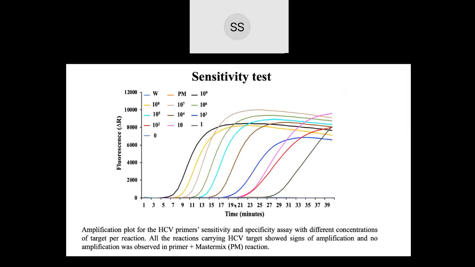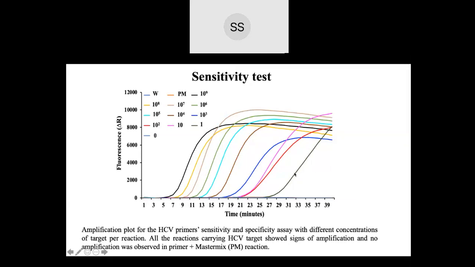Again, for the preliminary testing, we propagated the target in the form of DNA. Once the target was obtained from IDT company, 1:10 serial dilutions were prepared, and the assay was carried out with a different concentration of target per reaction. As we can see, amplification in the reaction containing HCV target is seen, and the sensitivity obtained from this assay is 1 copy of the target per reaction.